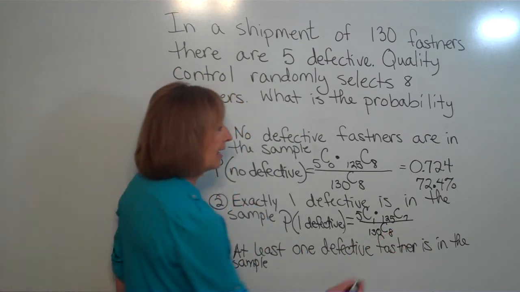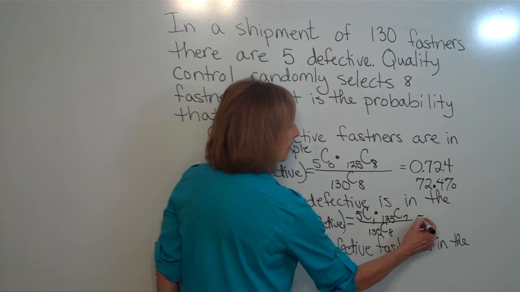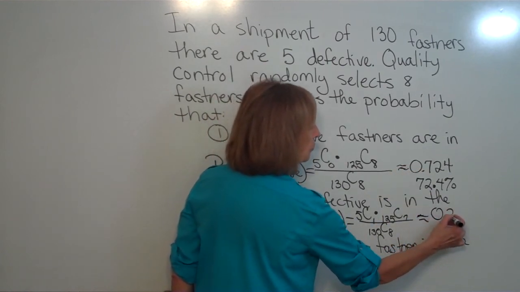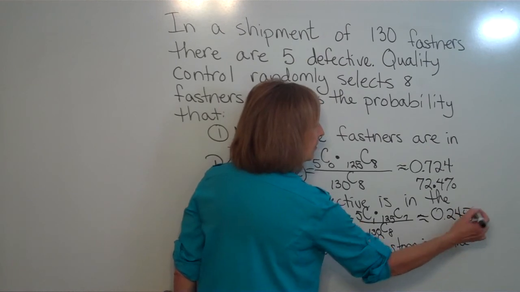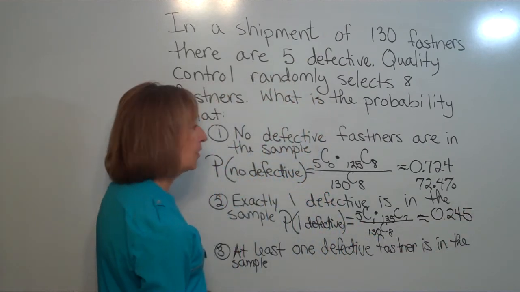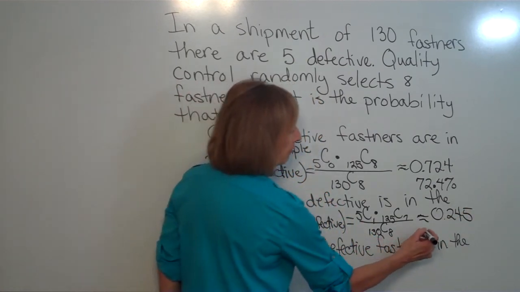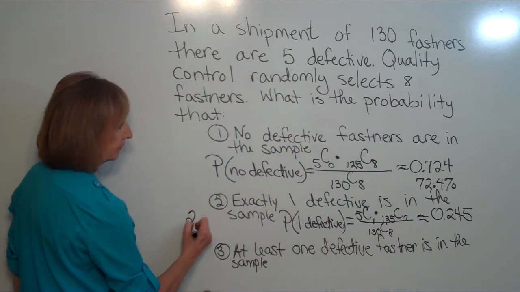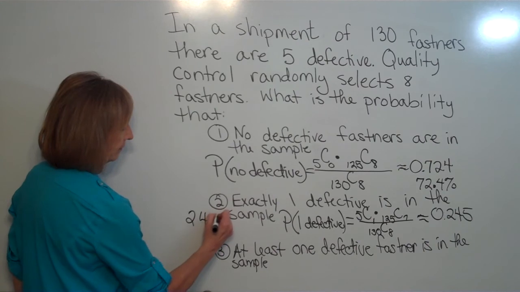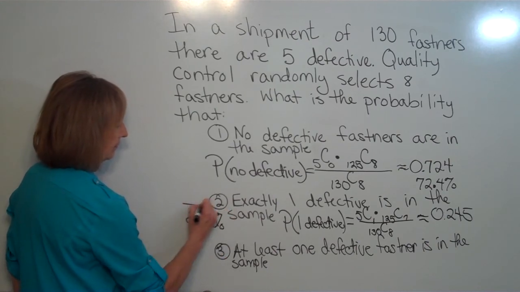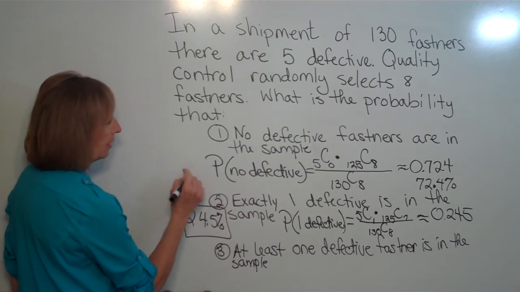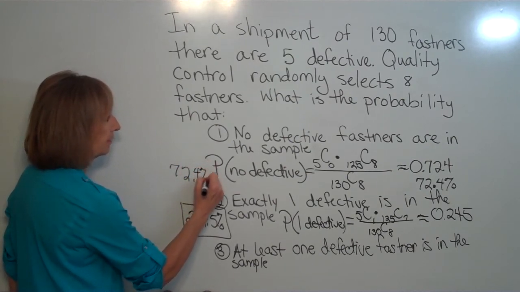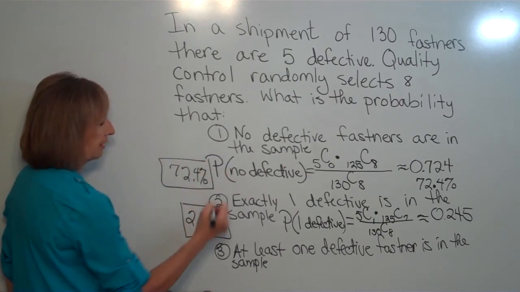And when you work that out, you get that's about equal to 0.245 to 3 significant digits, which is 24.5%. I'll just write them over here. And this other one was 72.4%. I changed it to percent.